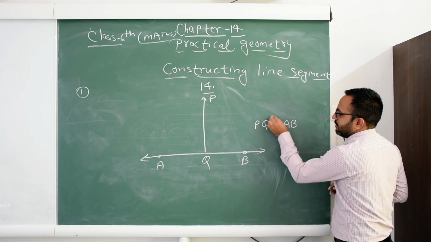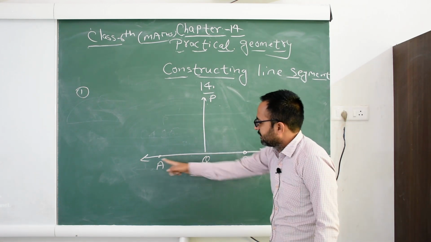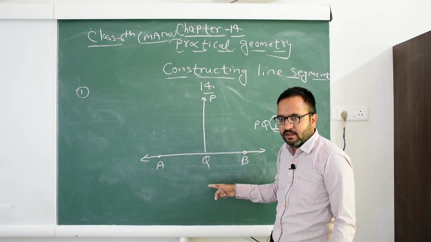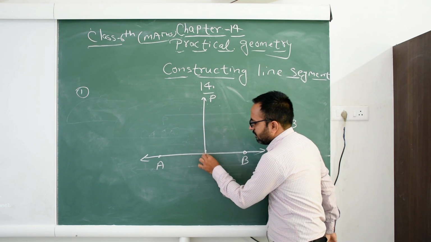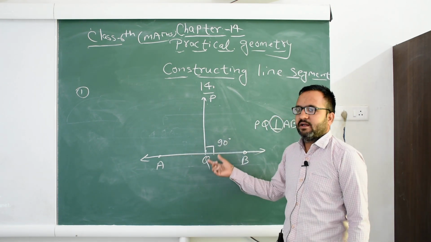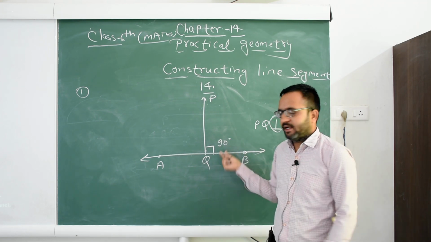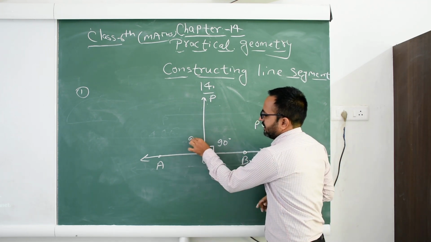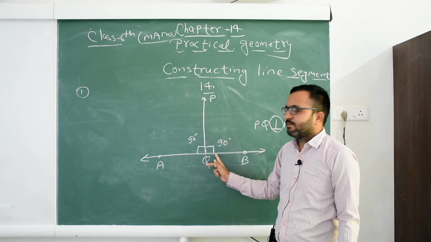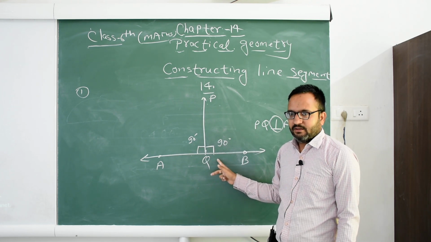This is the symbol of perpendicular, because it forms a reverse T, and forms an angle of 90 degrees. A perpendicular always forms a 90-degree angle. So what is the procedure to draw the perpendicular?